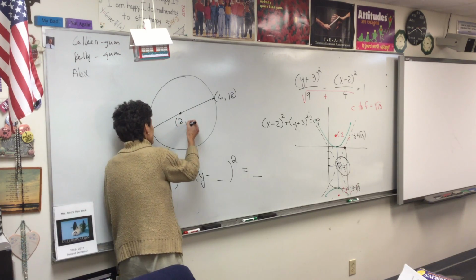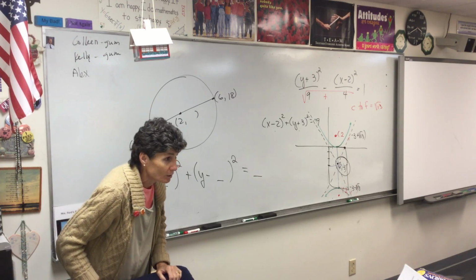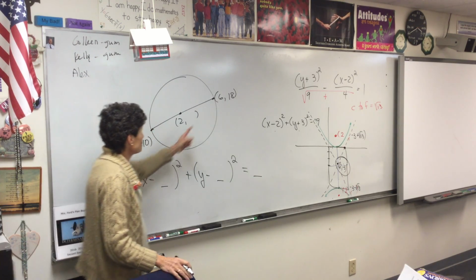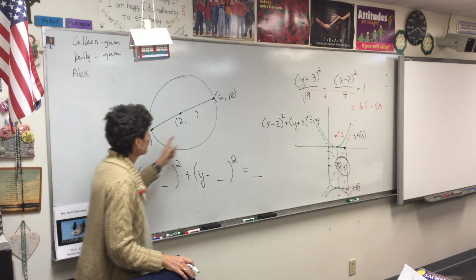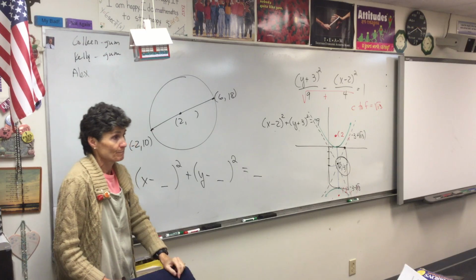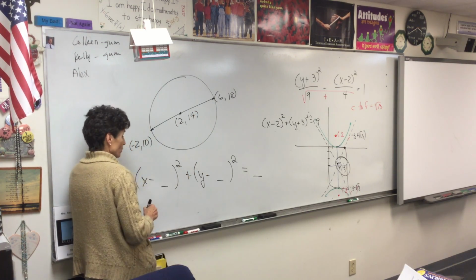To find average, I shouldn't have to be telling you this. You add them and divide by 2. So negative 2 plus 6 is 4. Divided by 2 is 2. What's the average of 10 and 18? 14. So my center is 2 comma 14.